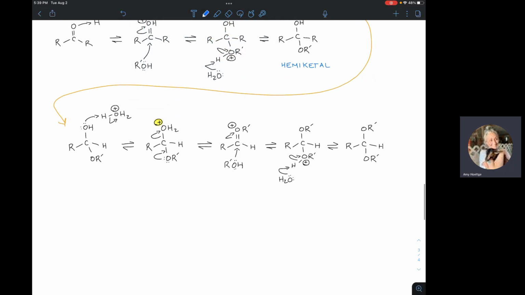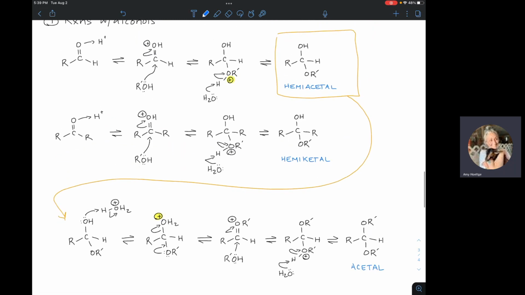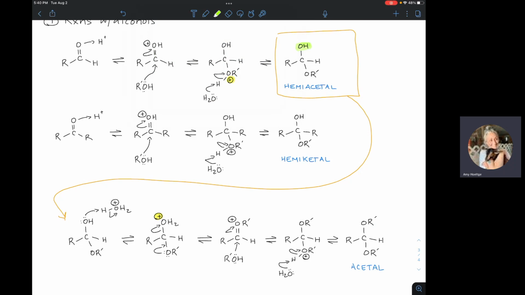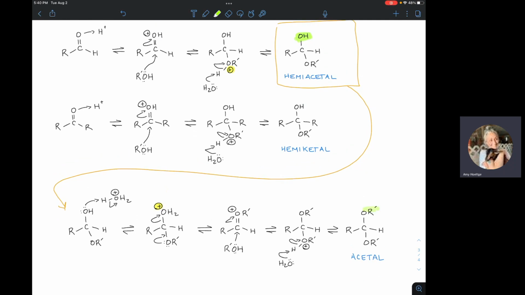This thing is called an acetal. So instead of a hemiacetal, notice how the hemiacetal has an OR and an OH. In the acetal, that OH is an OR.